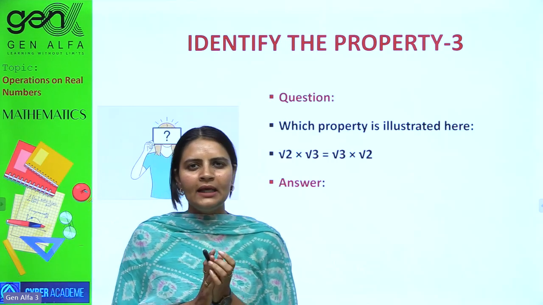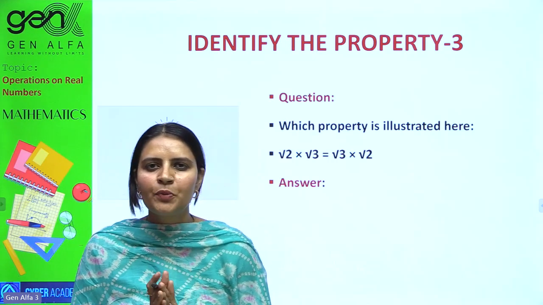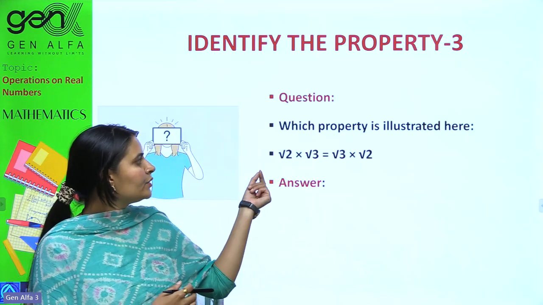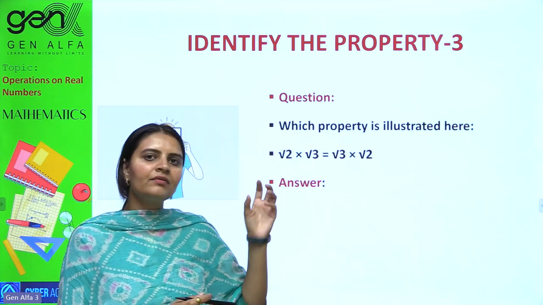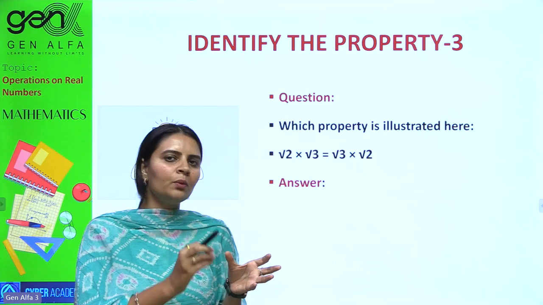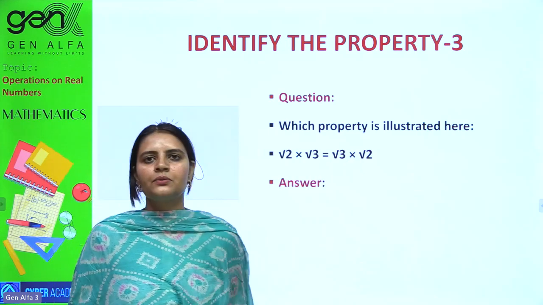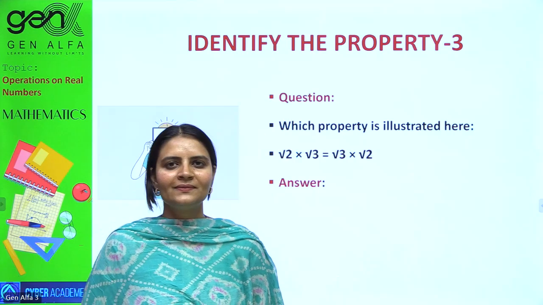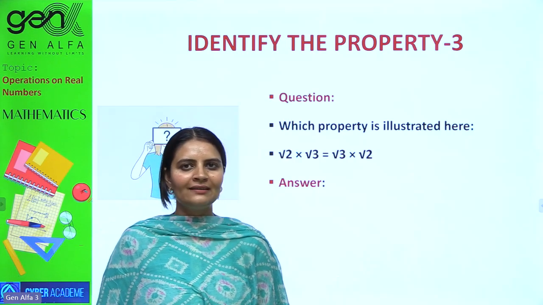And which property is observed here? Just look at the example, under root 2 cross under root 3. Whatever the result is, will it be equal to under root 3 cross under root 2? What do you think? What is happening over here?